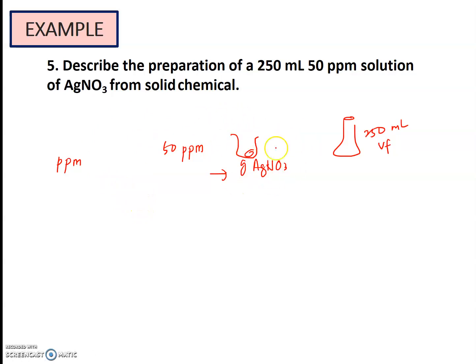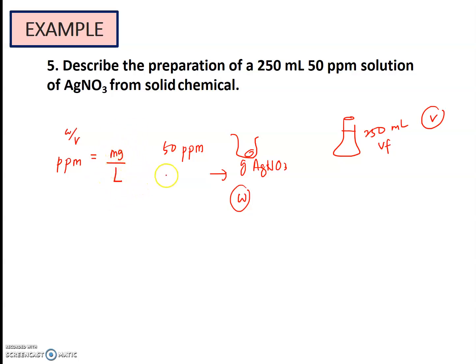So in this case, it involves what terms? It involves volume here, right? And also mass here. So it is under weight per volume. So the unit we use is, for example, milligram per liter.